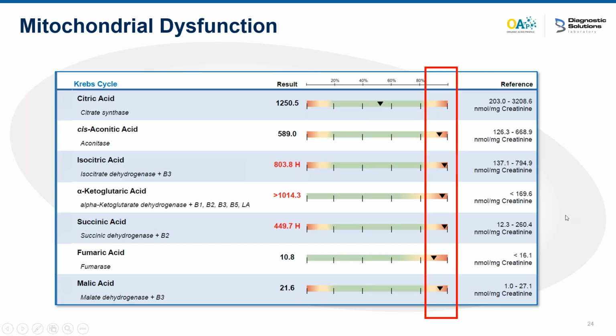And some of those are shown here, like look directly below alpha ketoglutarate acid. We give you the enzyme that is the next step in the pathway, and then we give you the cofactors, B1, B2, B3, B5, and lipoic acid. So sometimes the report itself tells you exactly what the cofactors are that are needed.